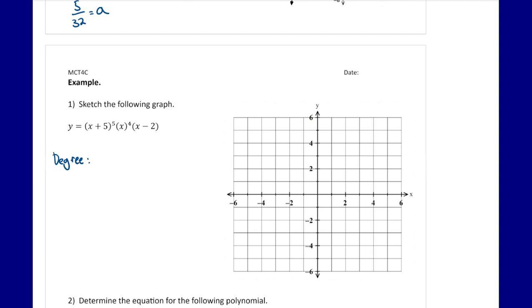So we add up our exponents on these factors. 5 plus 4 plus 1 equals 10, which is even, so it enters and exits, I guess that's the term we've been using, in the same direction.